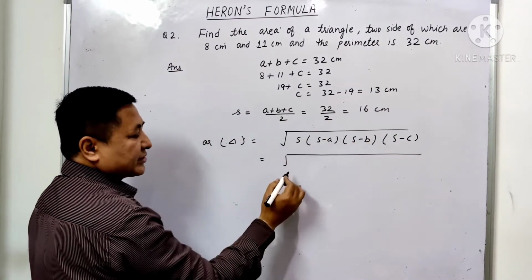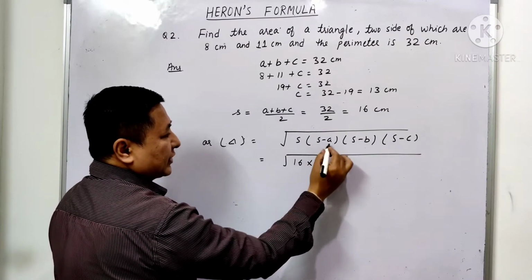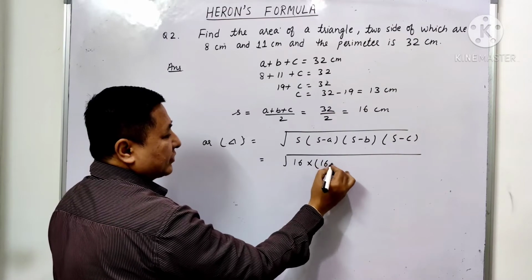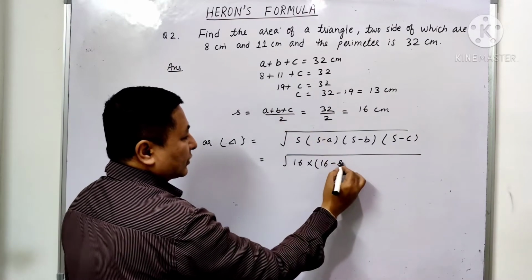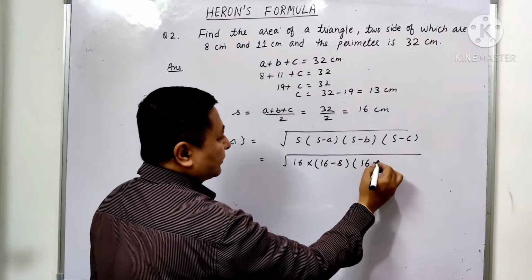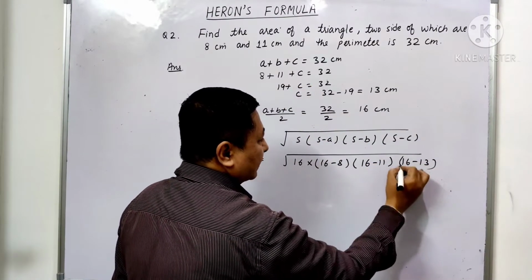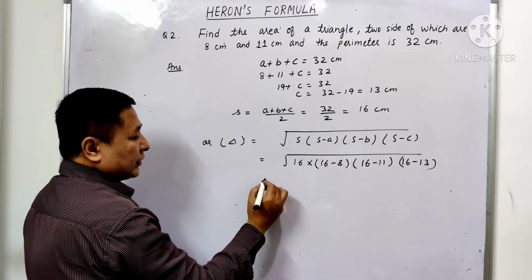S, the semi-perimeter, is 16, and this becomes 16 minus A. What is A? 8. Then we have 16 minus 11 and then we have 16 minus 13, that we have calculated, that is C.